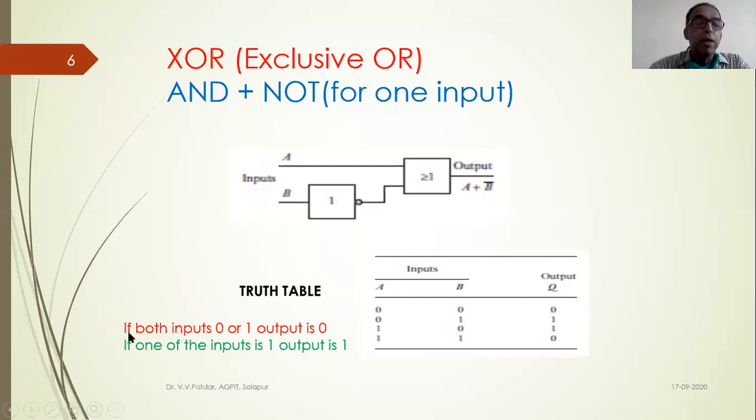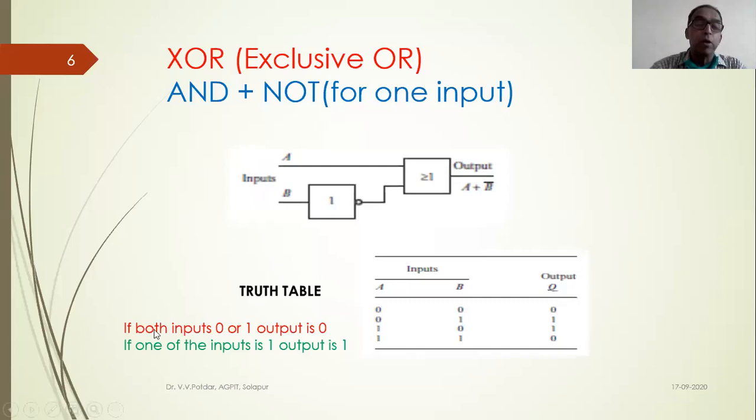See here. If both inputs are 0, the output is 0. This you must remember. If both the inputs are 1, the output is 0.